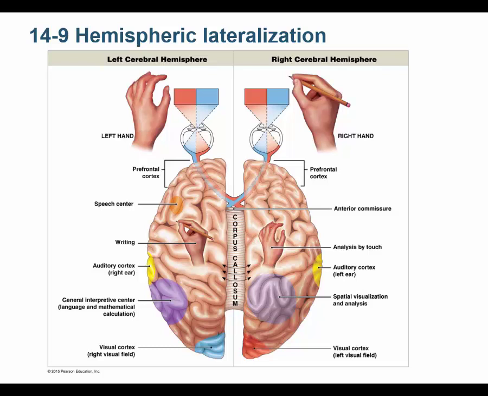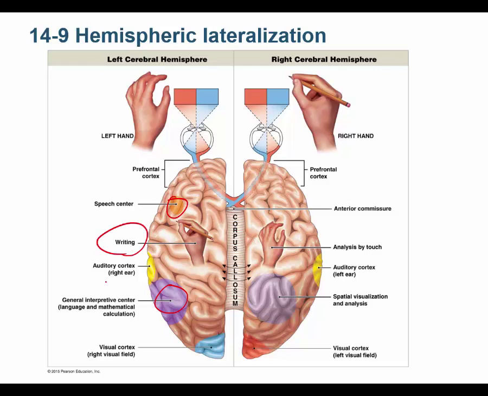We do have hemispheric lateralization, and that means we have a left hemisphere and a right hemisphere, and they divvy up the jobs between them. For example, you can see that Wernicke's area and Broca's area are almost always in the left hemisphere. It's rarely in the right hemisphere. What the left hemisphere does is reading, writing, and arithmetic.